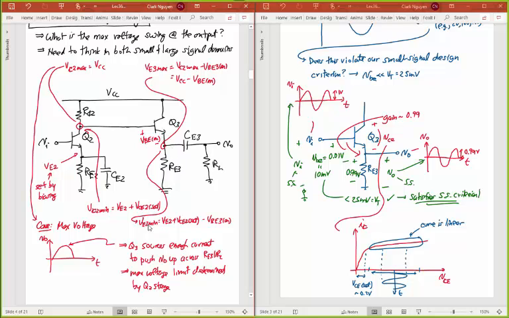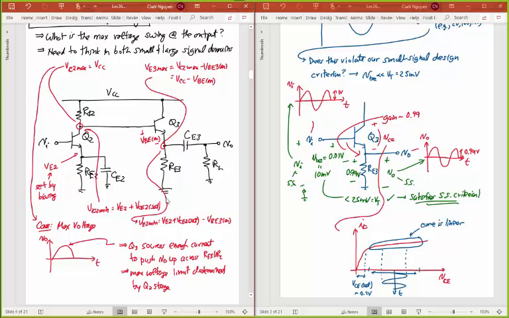Whatever I get here is going to be duplicated out here, but VBE lower than that. Now, you got to be careful here because this is one maximum here, but if you bias this node such that VE2 is so small that the voltage out here, even though the voltage here could be doing a pure sinusoid, runs into ground, then you're going to have a smaller maximum excursion at the output here.